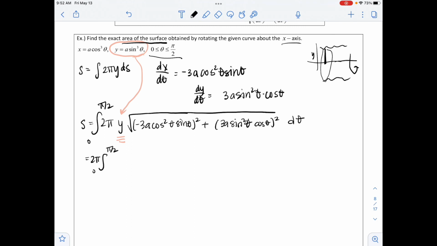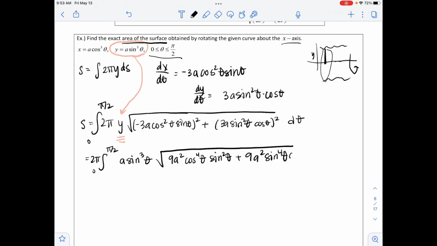I'll put my 2π out in front. y is going to be a sine cubed θ times the square root of, and squaring this, I'm going to have 9a squared cosine to the fourth θ sine squared θ plus 9a squared sine to the fourth θ cosine squared θ, dθ.